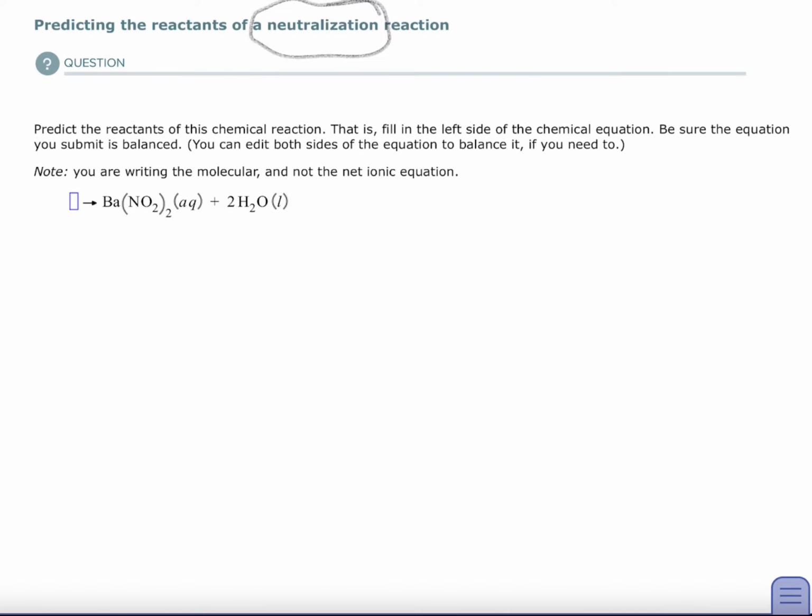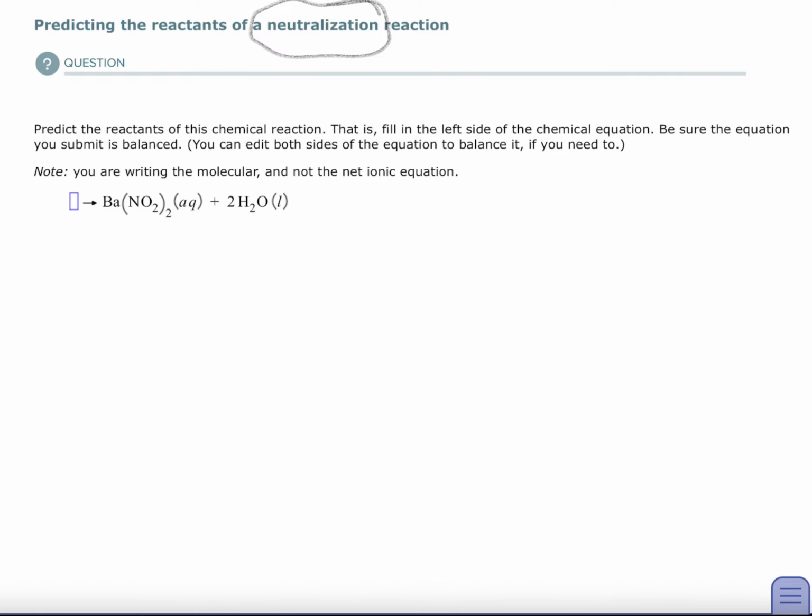If you have any kind of weak acid or weak base reacting together, it won't go to full products. You'll end up with some leftover reactants, but often in a strong acid, strong base situation, you'll have completely products of a salt and water.